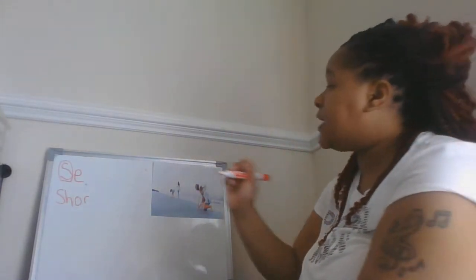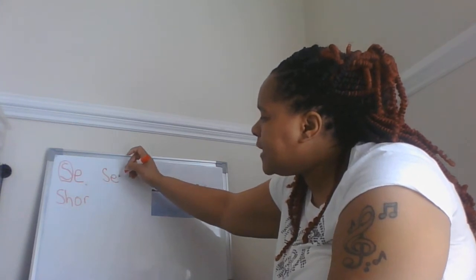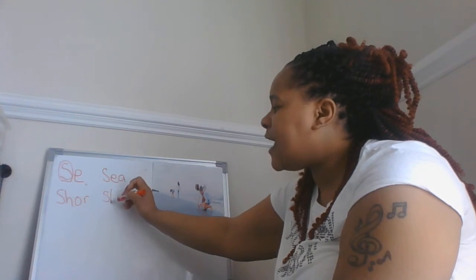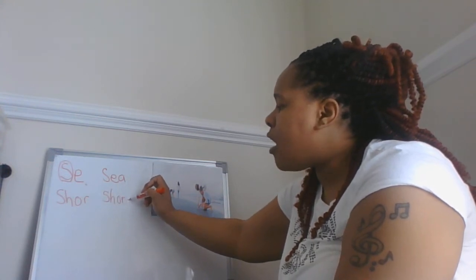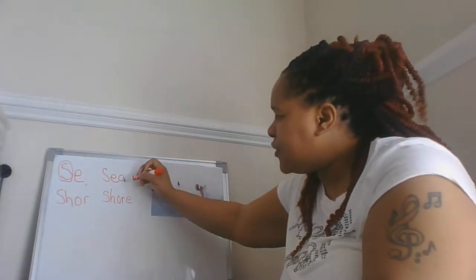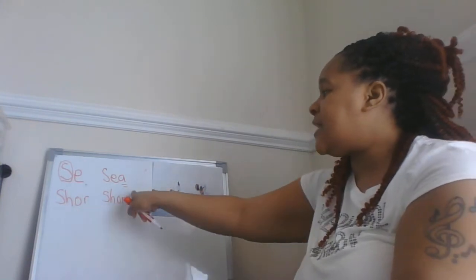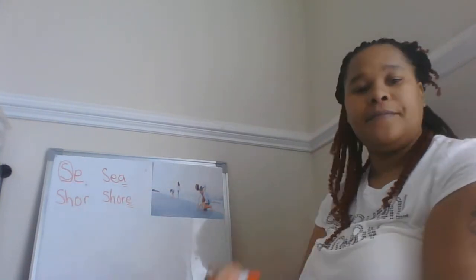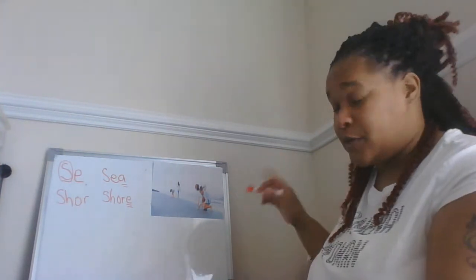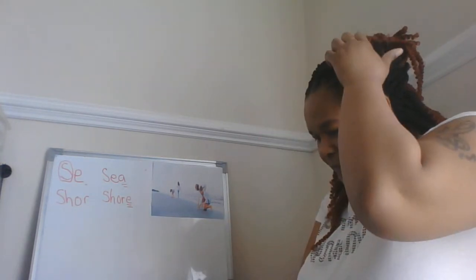Now, seashore, the correct spelling is S-E-A, and shore is S-H-O-R-E. So, what sounds we didn't hear? We didn't hear the A and we didn't hear the E. They're silent. Sea, shore. All right. We're going to come back because we have some more things we're going to do with that, okay? We're going to tally it up at the end. All right.